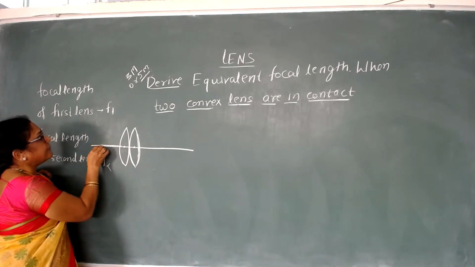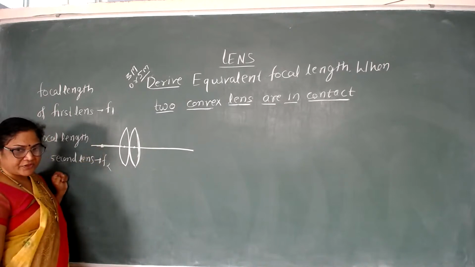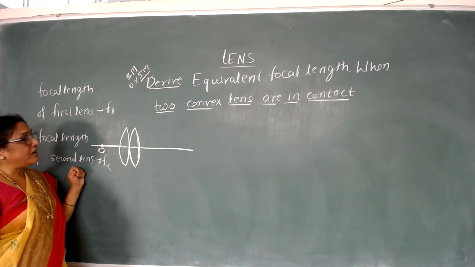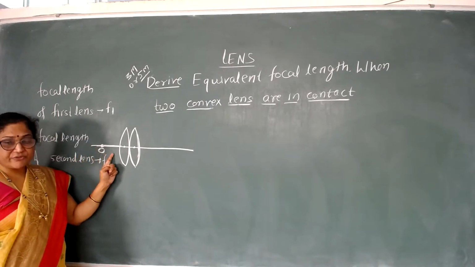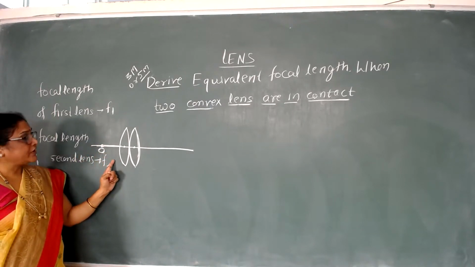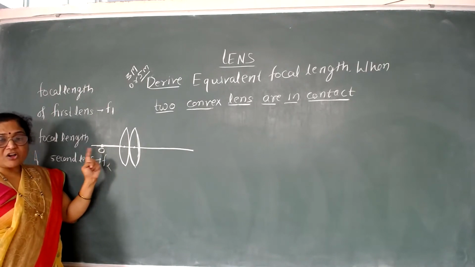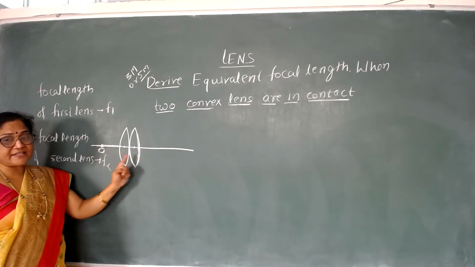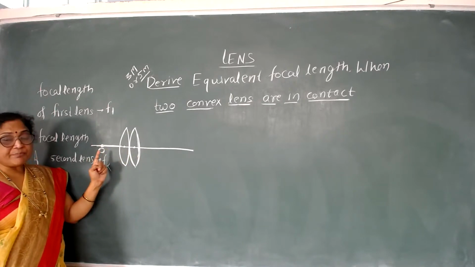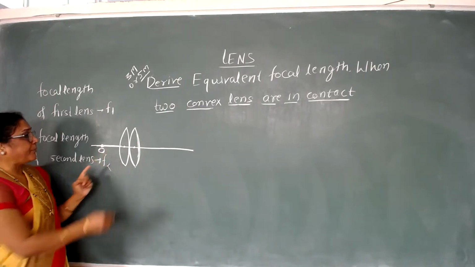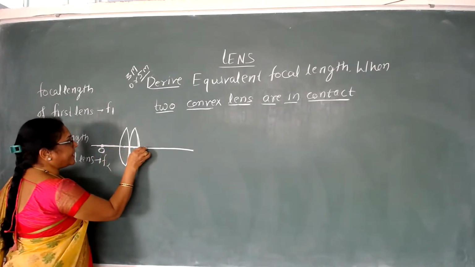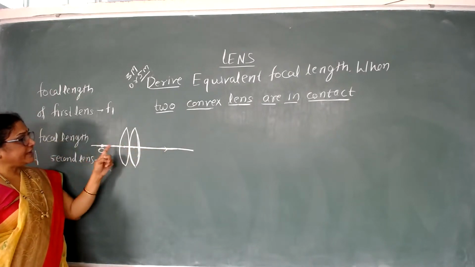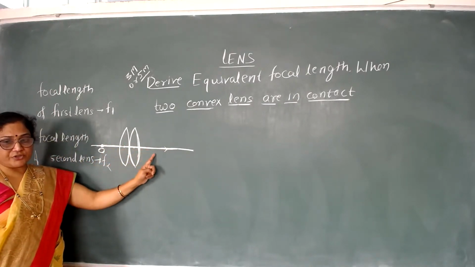If we consider a point object O on the principal axis, this object is a luminous object, and from this object, a number of light rays are propagated. Suppose the first light ray propagates along the principal axis undeviated, according to the laws of refraction, when i is 0, r is also 0.